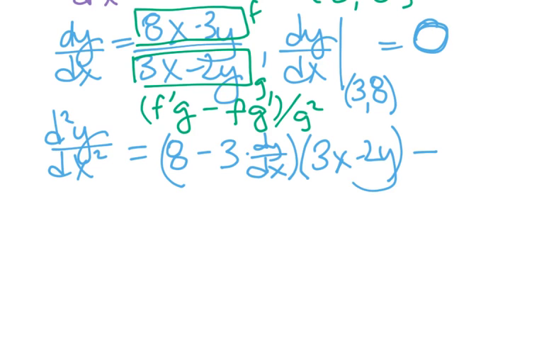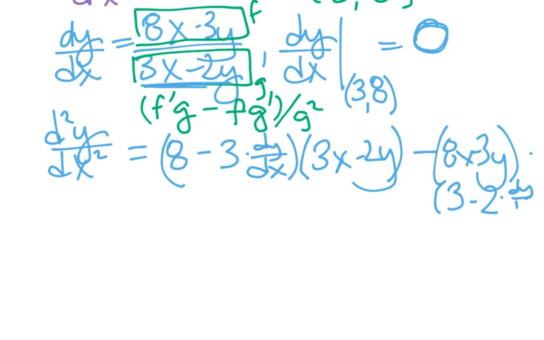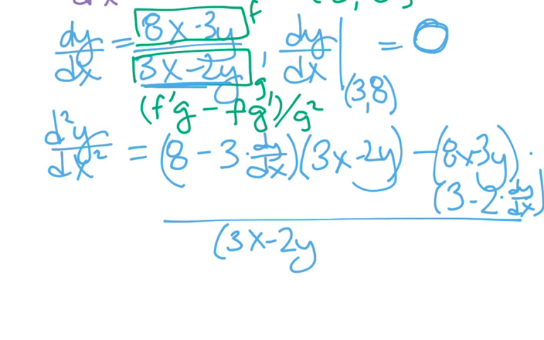Subtract f, which is 8x minus 3y, times the derivative of g. So I'm taking the derivative of 3x minus 2y, so that's 3 minus 2 times dy/dx. All of that over g squared, so all of that over (3x minus 2y) quantity squared.